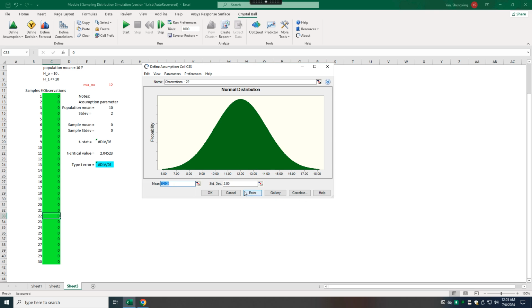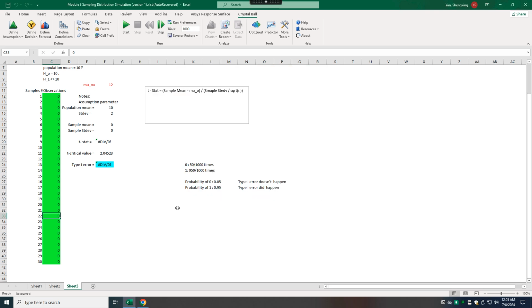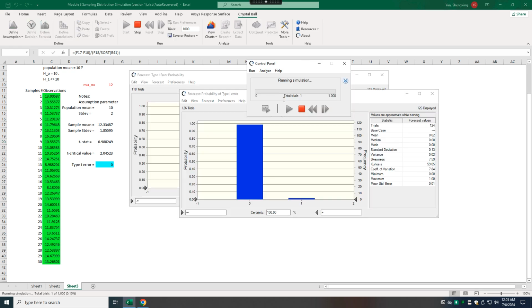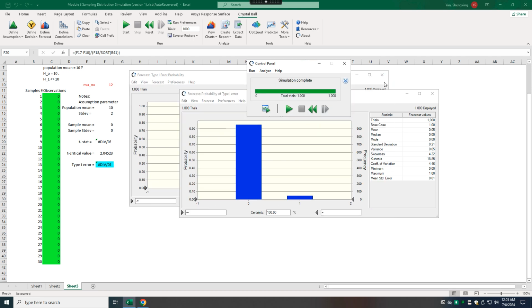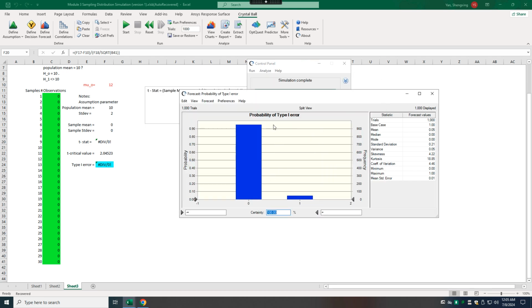Yeah, it's already 12 here. Then let's do the simulation again. Yeah, the probability of type 1 error is now coming back to 5%.